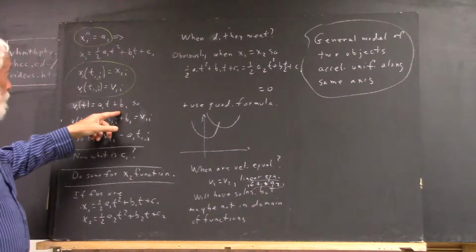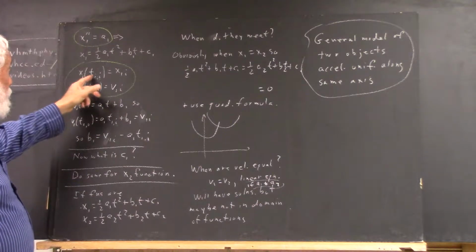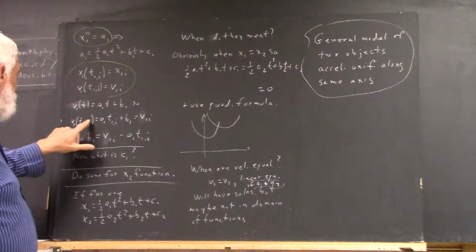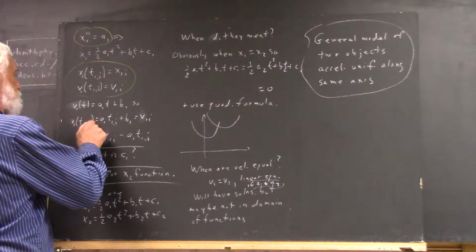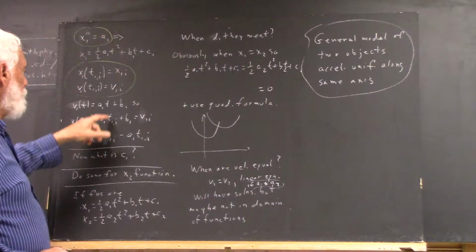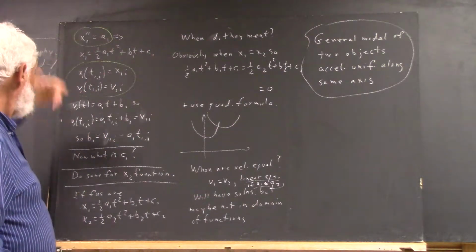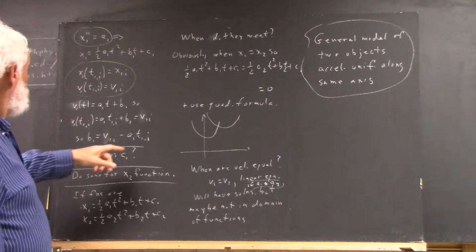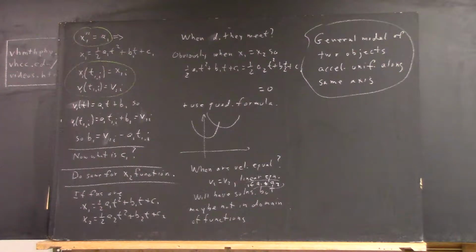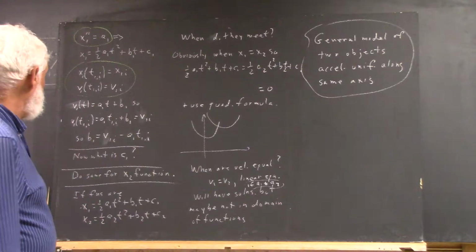If we know the velocity at this time, then we just substitute: v of t1i is going to be a1 t1i plus b1, just substituting t1i for t in the velocity function. And that's got to equal v sub 1i, meaning that b1 is just going to be v1i minus a1 t1i.